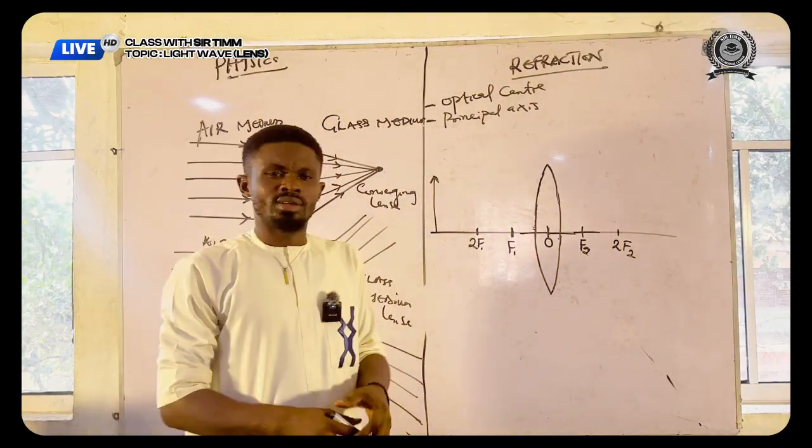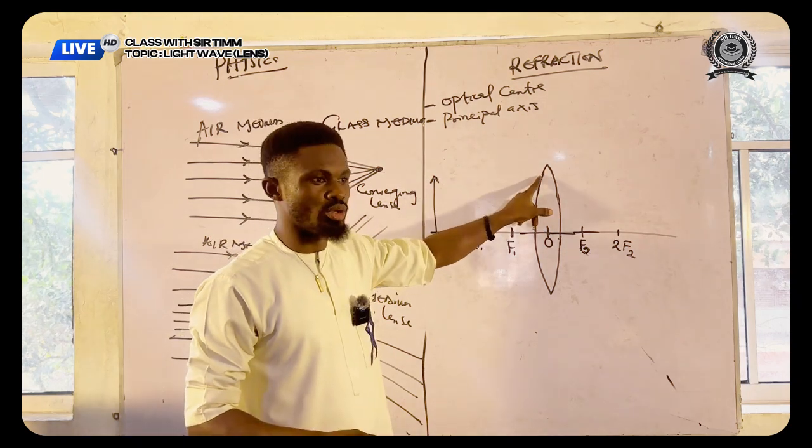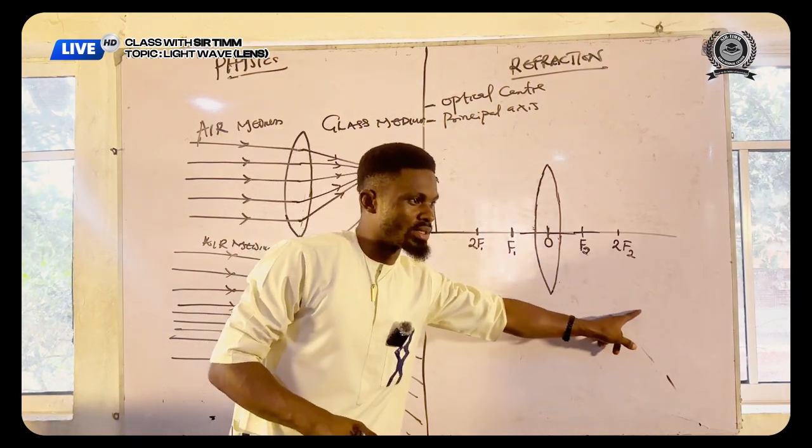In the first rule, what did you say? If this ray is parallel to the principal axis, after refraction, we move towards this side, right?